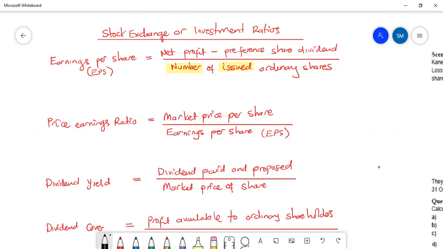If you bought a share of Delta for $100 per share, and it is giving you an earnings per share of, let's say, 50, it will take you 2 years to recoup your initial investment. It will take you 2 years to break even and start to earn a profit.